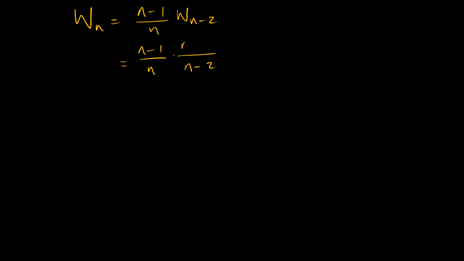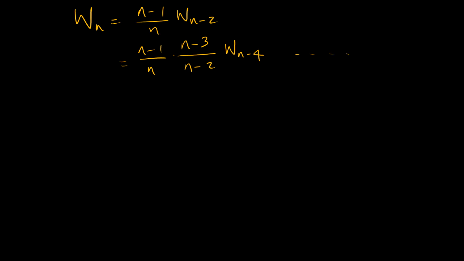So we have shown that W of n is equal to n minus 1 over n of W of n minus 2. And this could also be equal to, so we see n minus 2 coming at the top there, and n minus 3 at the top of W of n minus 4, and so on.